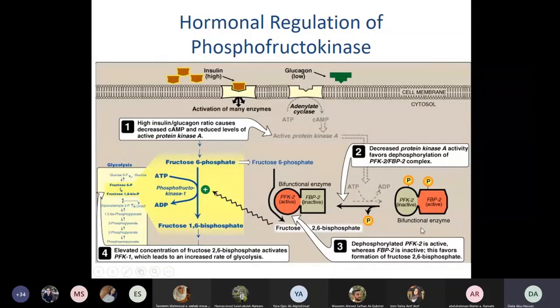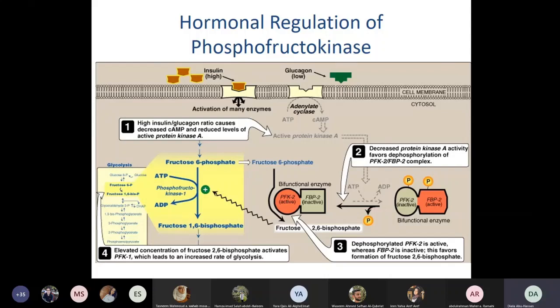Once there is no phosphorylation, إذا ما في phosphorylation, the enzyme is dephosphorylated. So what would happen in this case? If the enzyme is dephosphorylated, the kinase is active and the phosphatase is inactive. So they have to be in opposite activity states. ما بصير يكون kinase وفوسفاتيز بنفس الوقت شغالين. ففي حالة إنه dephosphorylated, the kinase is active and the phosphatase is inactive.